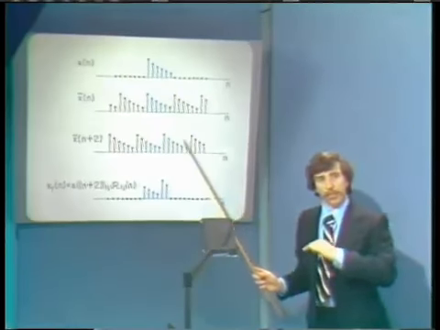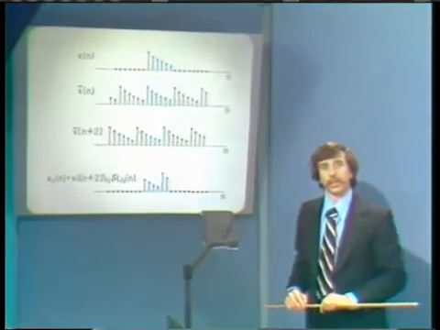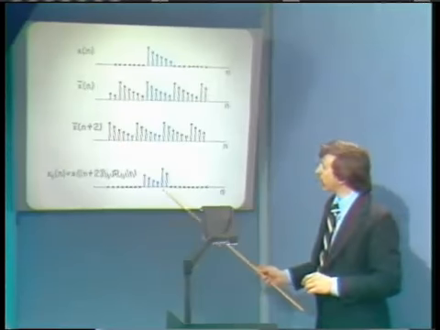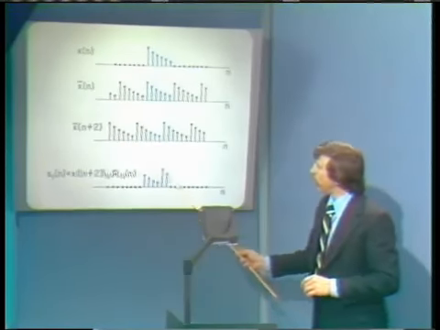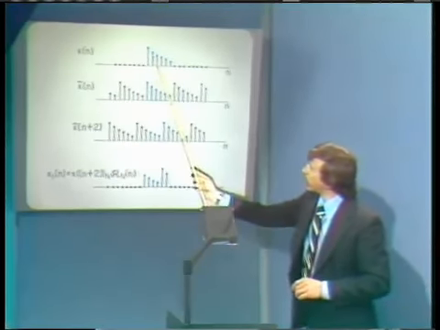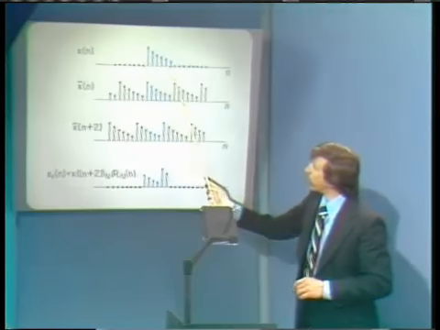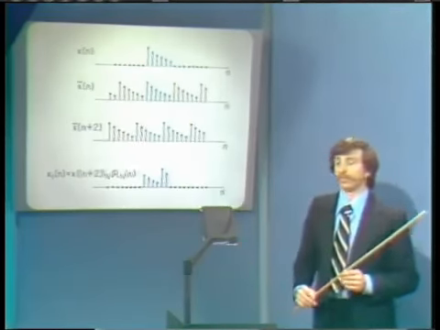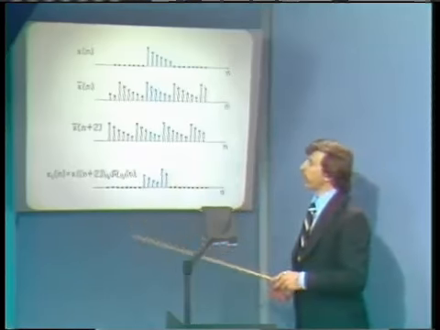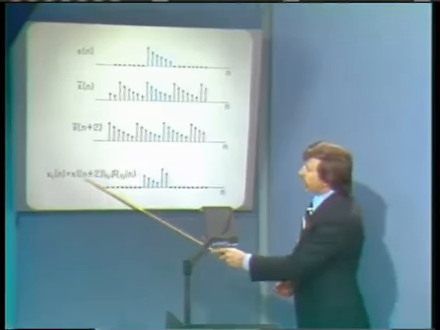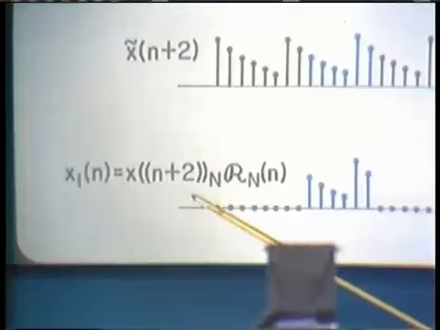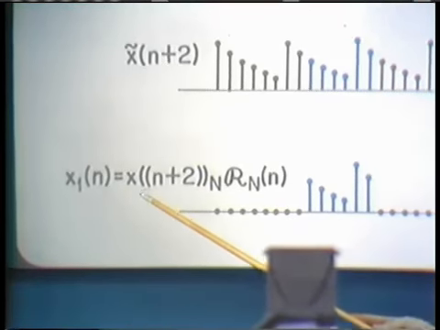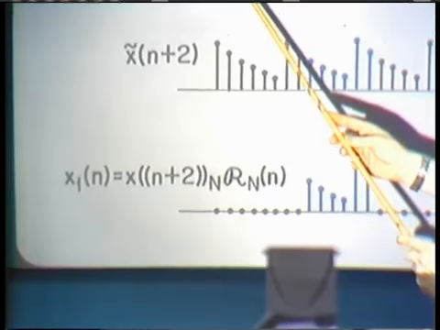Think of the sequence wrapped around the circumference of a cylinder, and the cylinder just rotated by 2 points, so that the result is that the 2 points that are shifted out of this window between 0 and n minus 1 get shifted in from the other side. Notationally, what this expression corresponds to is that we started with x of n.